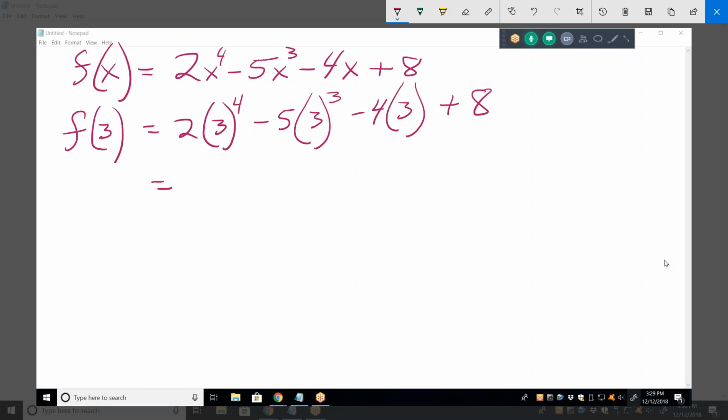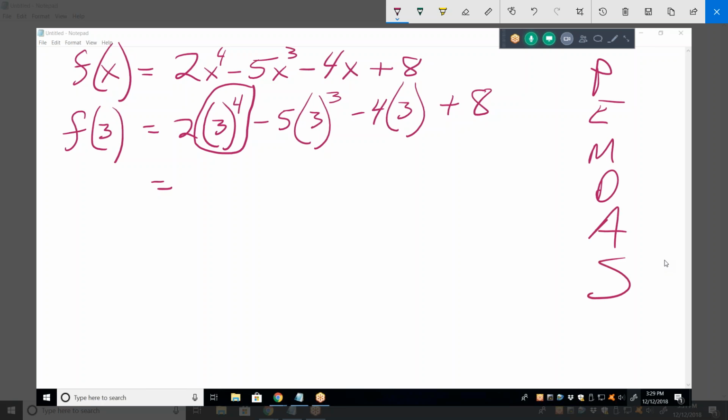Now, what's the next thing to do? We multiply the coefficients by it? Well, not yet. This 2, you can't really multiply anything because that is 3 to the 4th power. So you have to figure out what that is first. Remember your PEMDAS. Probably learned this back in 4th grade.